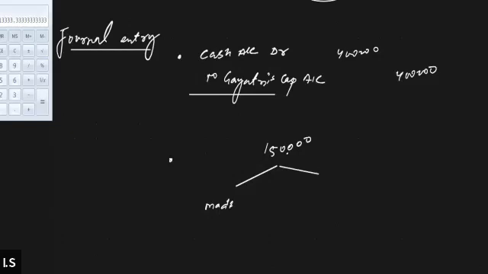Madhu's share will be, and Vidhi's share will be. Madhu will take 1,50,000 into 2/5, and 1,50,000 into 3/5.